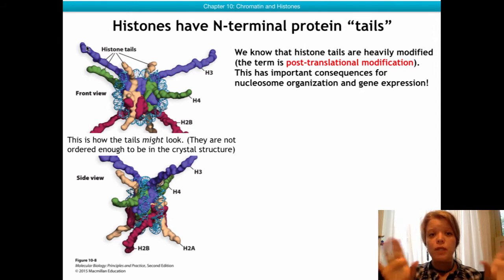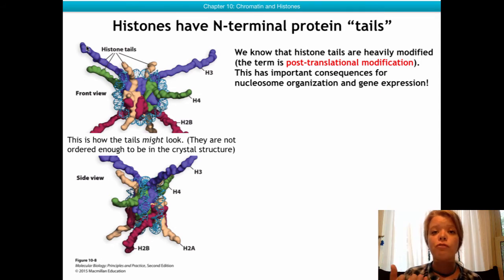They're not ordered enough to be crystallized, because in a protein crystal, you can't have any motion. Every atom inside a protein crystal has to be fixed in one particular location and orientation so that you can interpret the diffraction patterns from a protein crystal and then pinpoint where each individual atom is located.